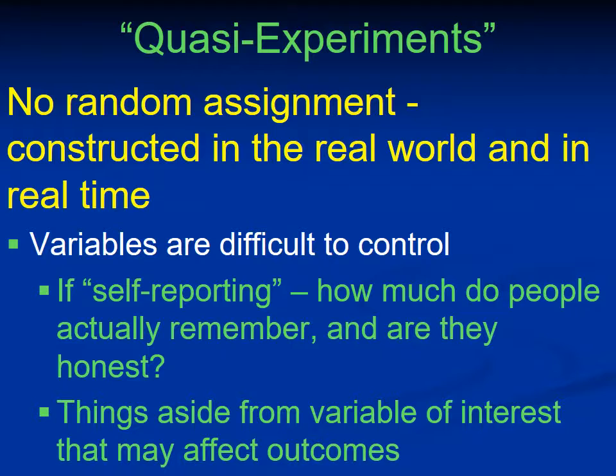So you've probably heard the phrase matched controls at some point, matched controls. So a really diligent researcher with a quasi-experimental design is going to try to assign subjects to a control group that match each subject in the experimental group.